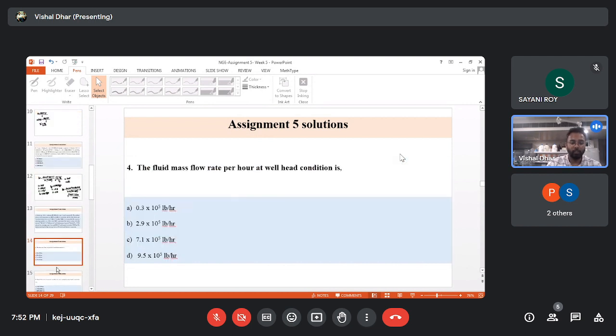These are the data. So the first question is the fluid mass flow rate per hour at wellhead condition is: option A, 0.3 into 10 to the power 5 lb per hour, B, 2.9 into 10 to the power 5 lb per hour, C, 7.1 into 10 to the power 5 lb per hour, and option D, 9.5 into 10 to the power 5 lb per hour.